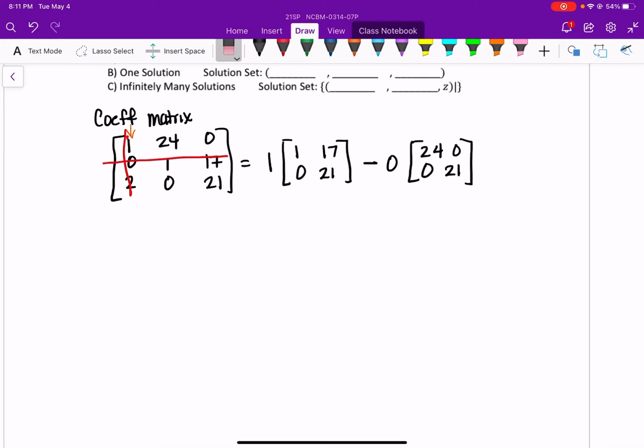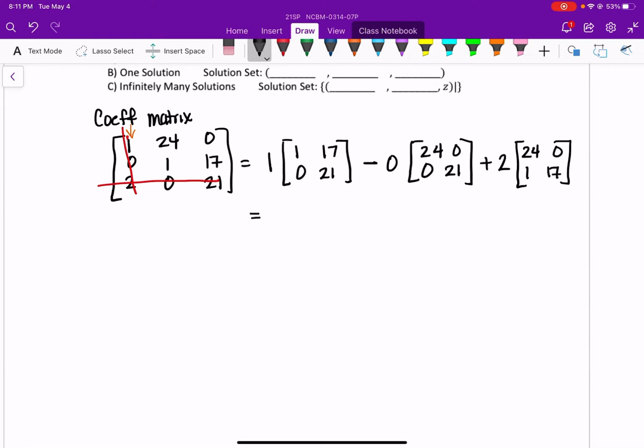And then for the last one we do here with our 2, we have plus 2. Again, taking away that column and the last row, we get 24, 0, 1, 17. Okay.